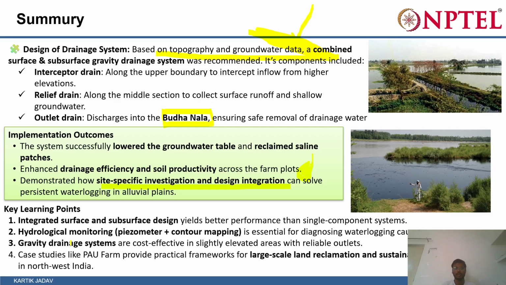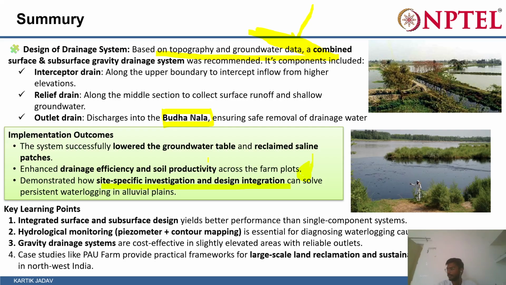If you find any condition above the limit, you slightly modify your design or add certain aspects to it so that it can cope with the condition. Then the gravity drainage system is a cost-effective system that in this study they installed, slightly elevated in areas with reliable outlets.